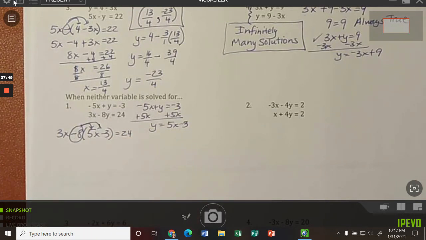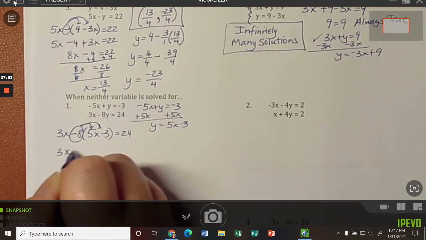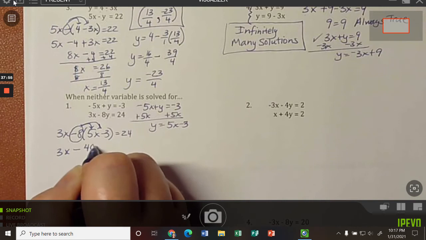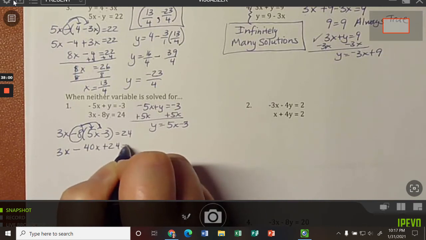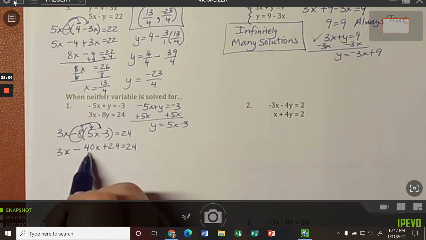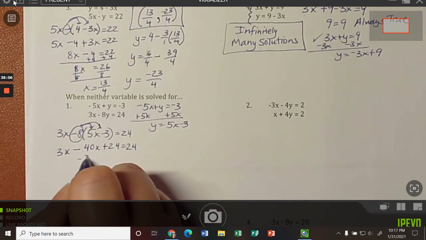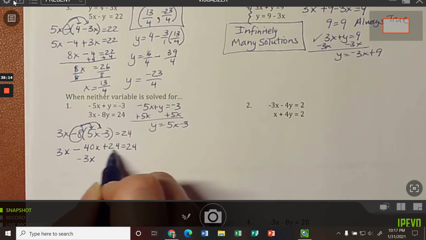The only variable in this equation is the x. I'm going to go ahead and distribute the negative 8. So I end up with 3x minus 40x plus 24 equals 24. And then positive 3x minus 40x is negative 37x. And then I'm going to go ahead and subtract 24 from each side.